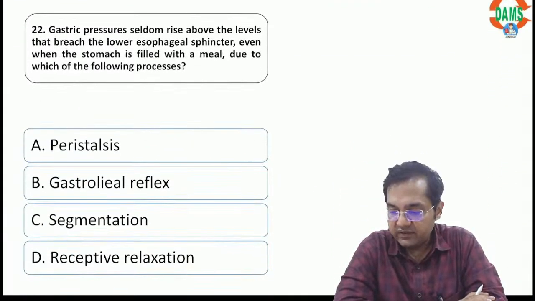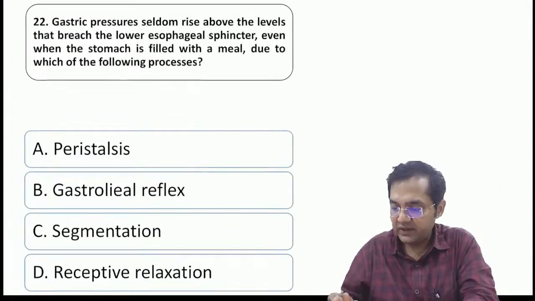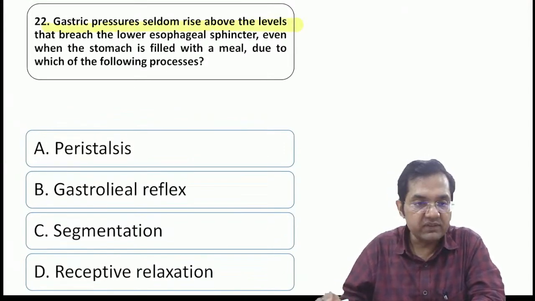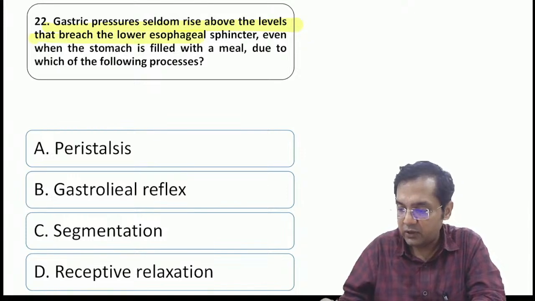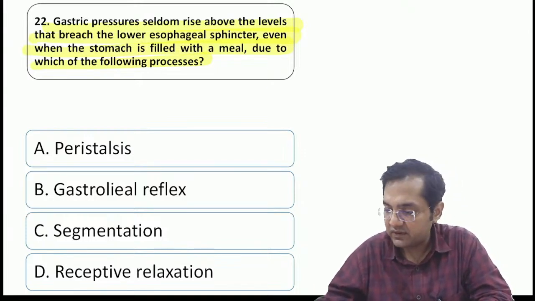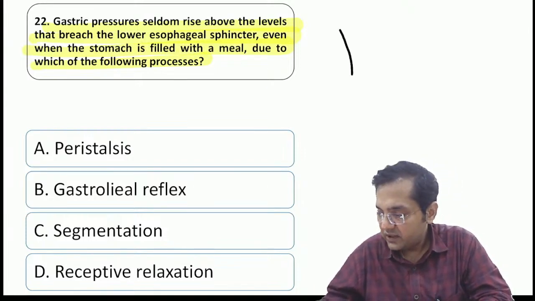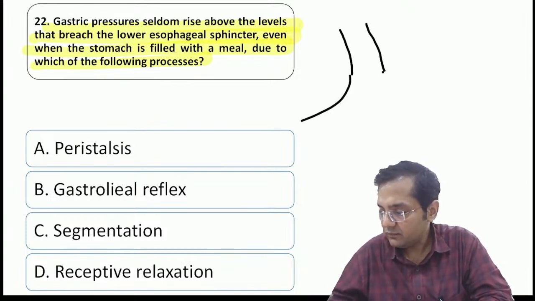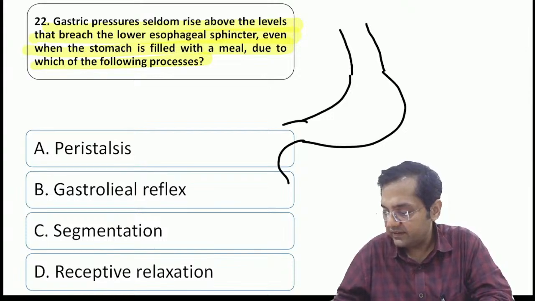This is again a slightly difficult one, as I might say. Gastric pressures seldom rise above the levels that breach the lower esophageal sphincter even when the stomach is filled with a meal, due to which of the following processes? That means if this is your esophagus and this is, let's say, stomach.